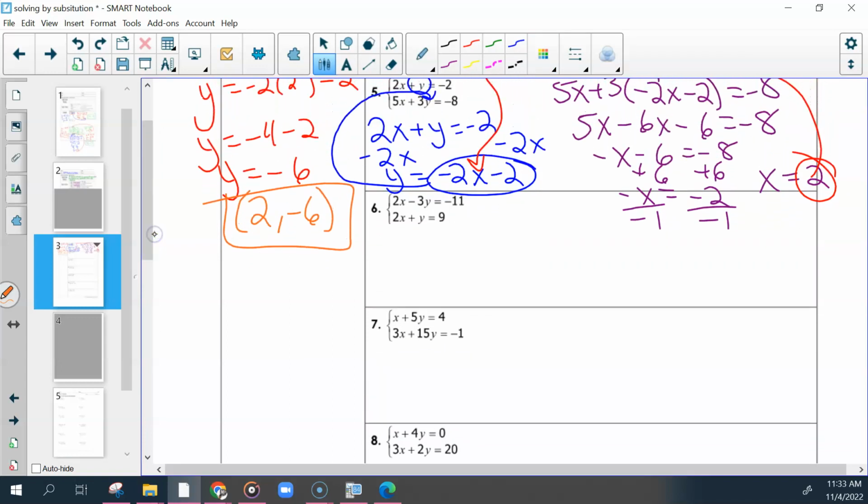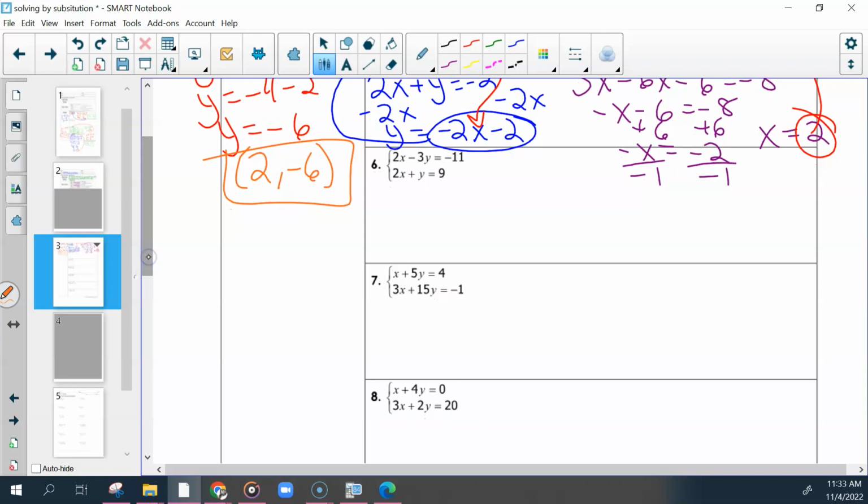Let's do 7. So, process will start off the same. Find a variable that's by itself, so x in the first equation. Then we're going to solve that equation for x.